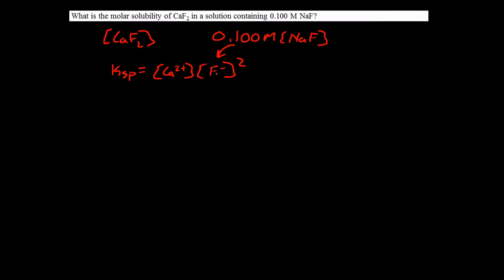One thing that is not pointed out in this problem that you will have to do here is we are actually going to have to just look up the value for KSP for calcium fluoride. And I'm going to have to look that up on my phone, actually, because I don't have that right in front of me.